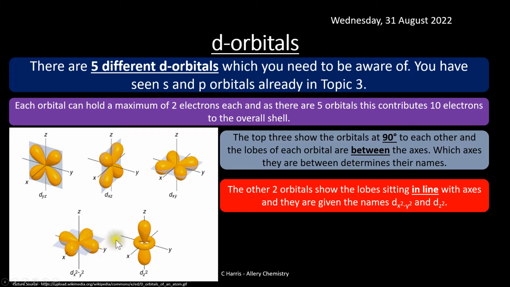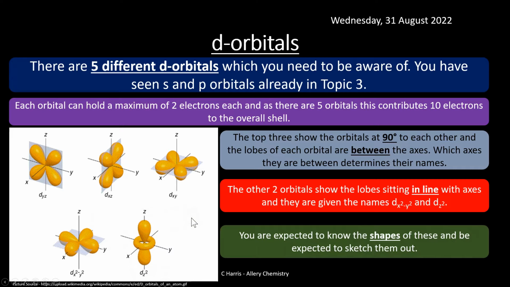The other 2 orbitals show the lobes sitting in line with the axes. These are given the names dx squared minus y squared, and dz squared. So these are sitting within a certain axis. These orbitals are quite important in terms of how we look at d orbitals.